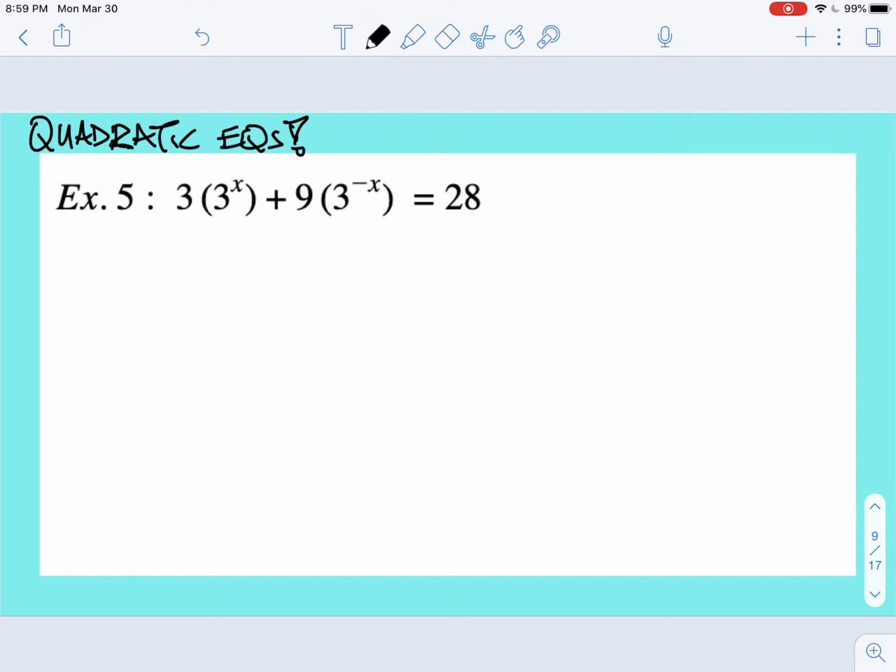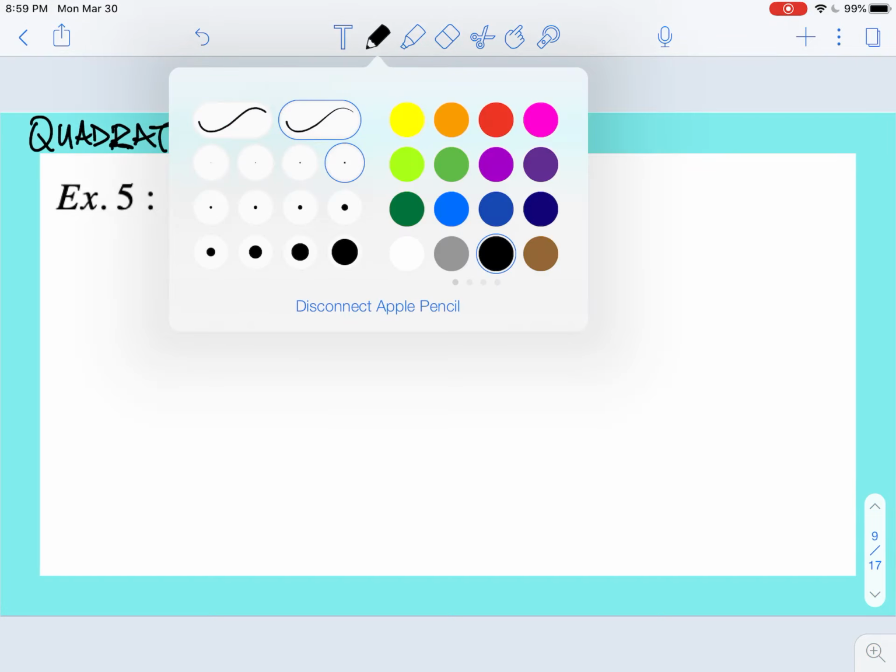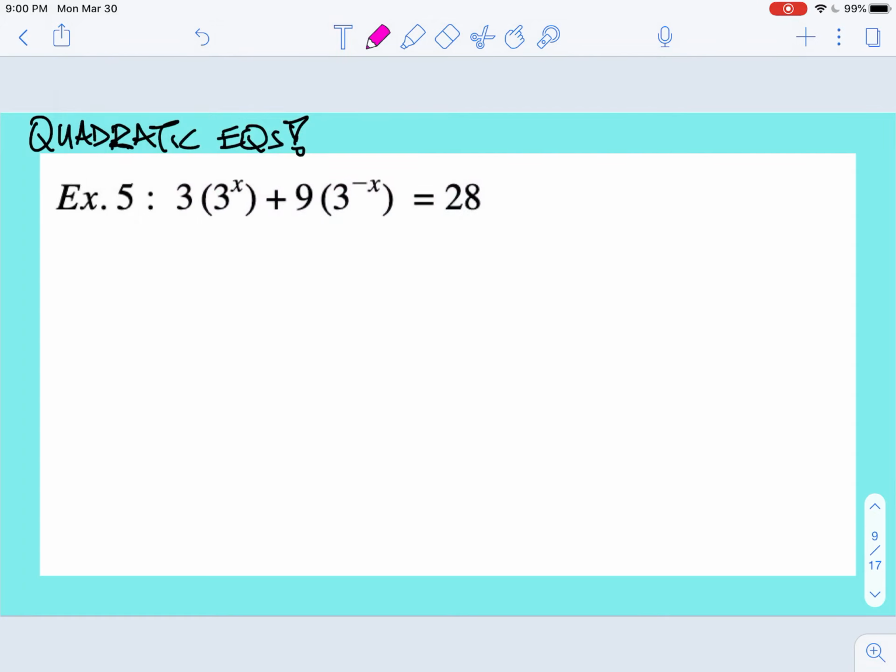All right, so we're going to start off by going ahead and doing something to both sides of the equation. And what that something is, we're going to take the whole equation and multiply it by 3 to the power of x.